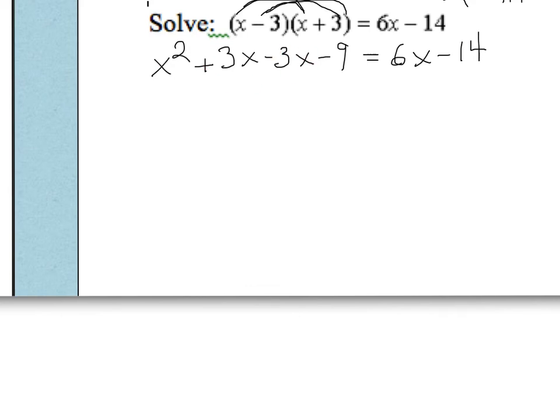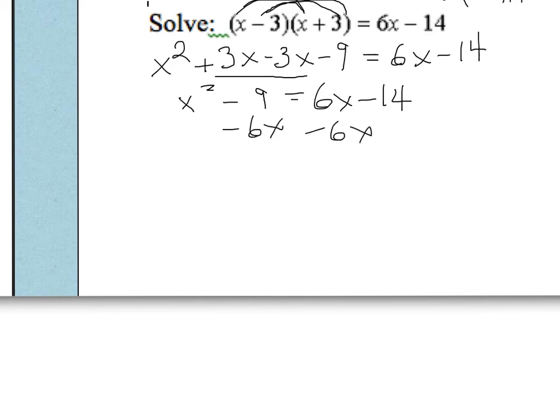So now we're going to combine what's on the left. We've got there 3x and a negative 3x, which becomes 0. So that's just x squared now minus 9 equals 6x minus 14. And now I'm going to subtract 6x from both sides so I can get these x's all on one side, so I've got x squared minus 6x minus 9 equals negative 14.